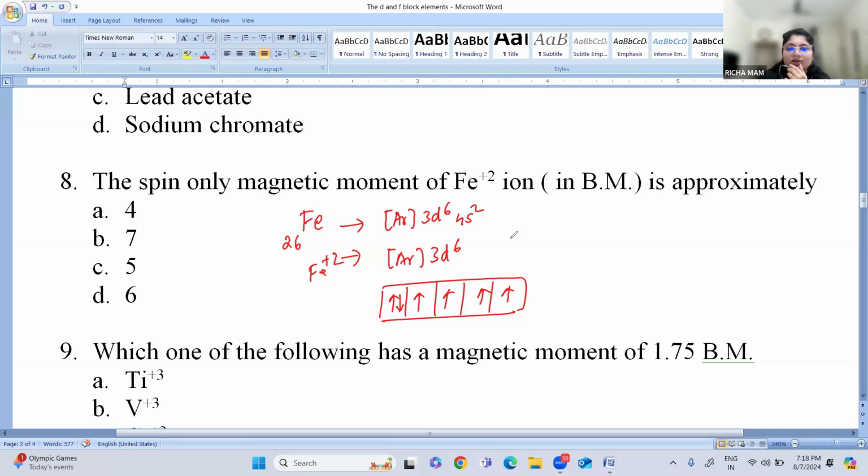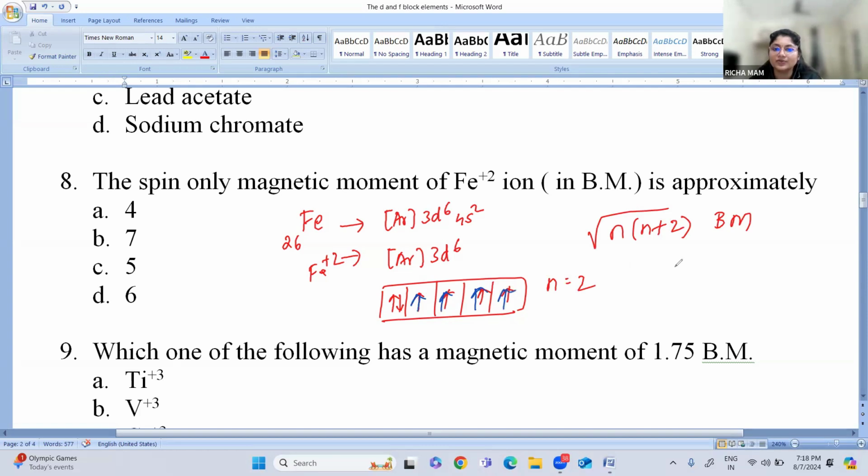Our formula is the square root of n into n+2 Bohr magneton. There are 4 unpaired electrons: 1, 2, 3 and 4.